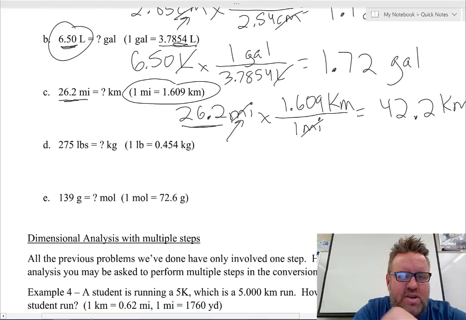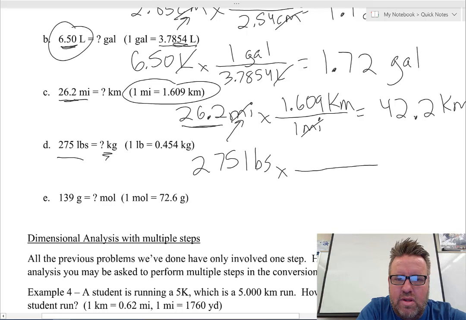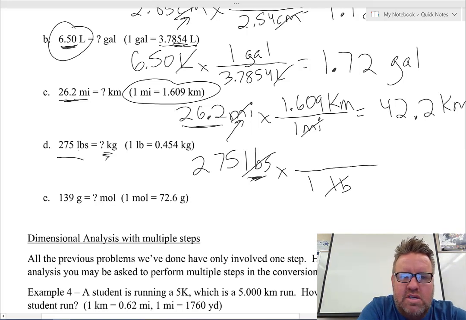So for letter D, we've got 275 pounds, and we need to convert that to kilograms. We're going to start with our 275 pounds, and then 1 pound. Because we've got pounds on the top here, we're going to put 1 pound on the bottom, so they'll cancel. Hey, this is pounds and this is pound. I know, okay, it's fine. One's plural, one's singular.